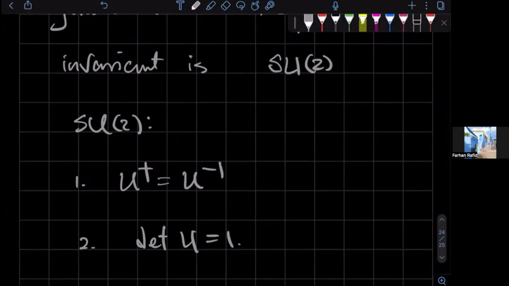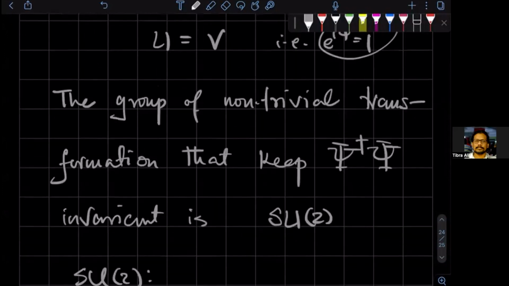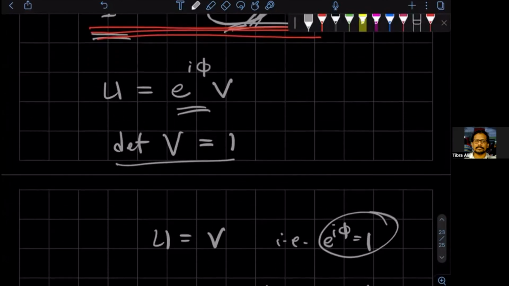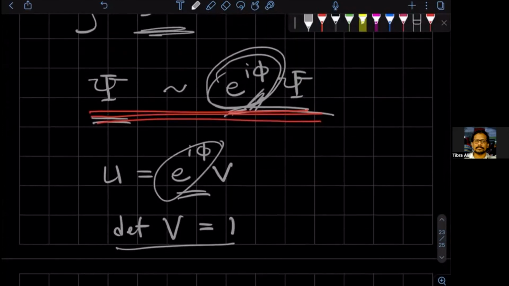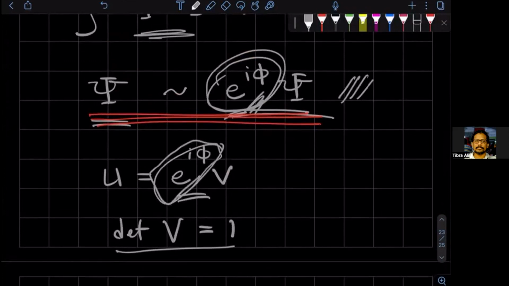Sir, SU means special unitary, right? Yes. So how did we arrive at the condition that the determinant must be 1? Because we are ignoring the phase part. We are saying that we can use this freedom in quantum mechanics to set this to a specified value, say 1. But does that fix the determinant? Yes.